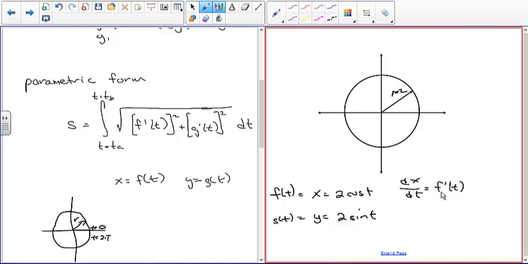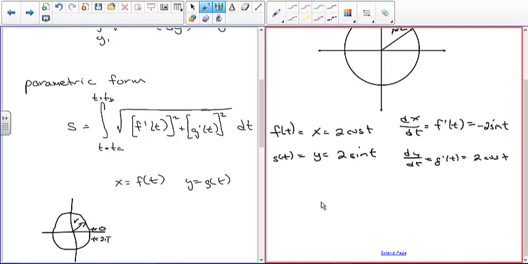We take the derivative with respect to t, and the derivative of the cosine is negative the sine, so we get negative 2 sine t. And dy/dt, which is also g prime of t, is going to be 2 cosine t.